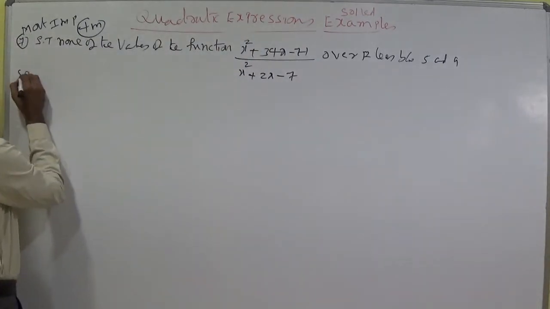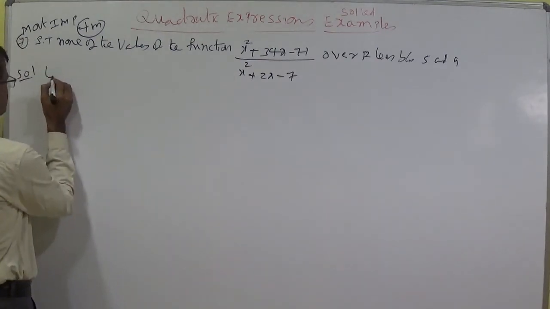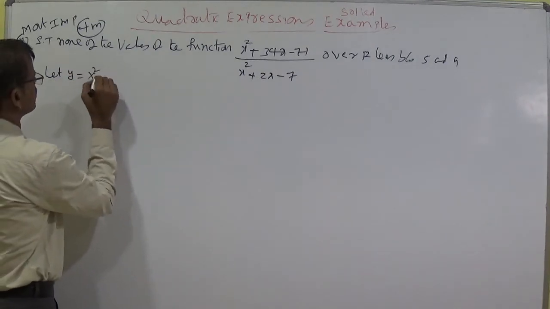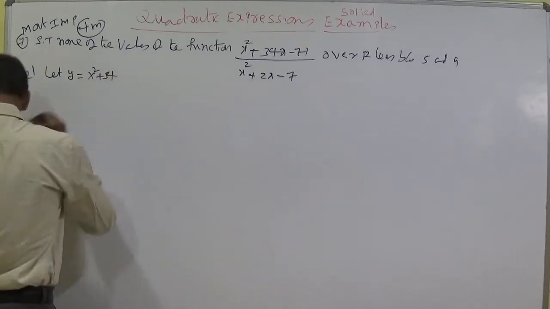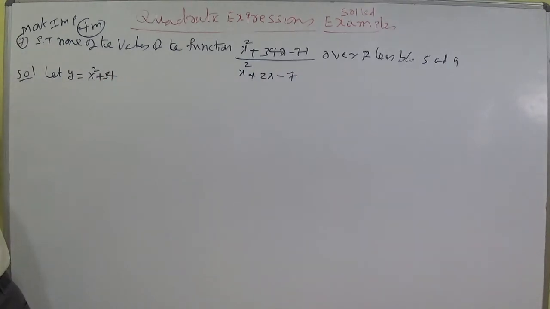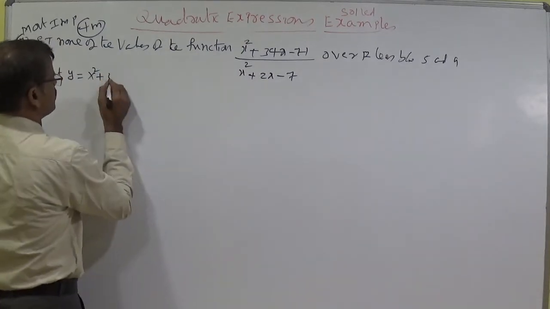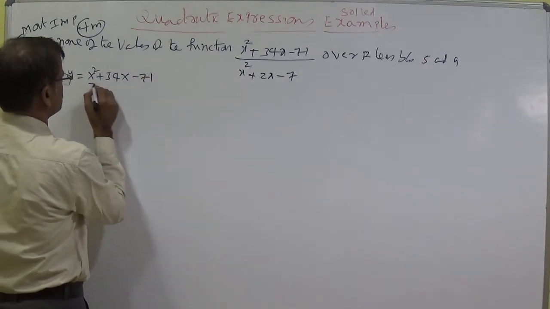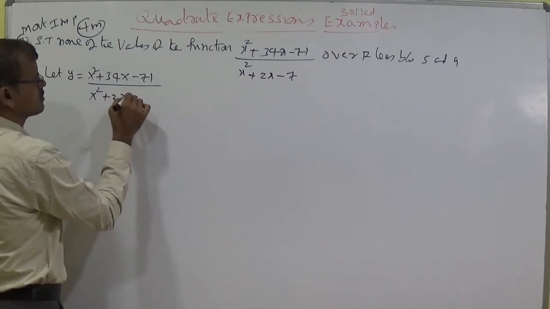The process for this type of question is: let y be equal to x square plus 34x minus 71 by x square plus 2x minus 7.